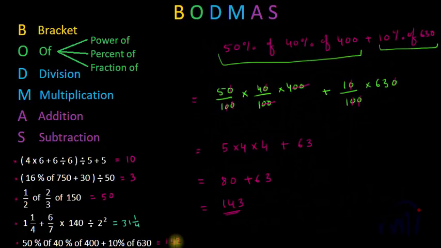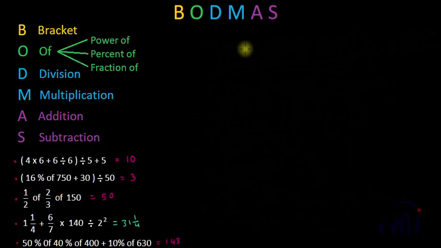So I think we have solved sufficient examples based on BODMAS. And one more thing I have to tell you, which is if you have all kinds of mixed brackets, so there are actually three kinds of brackets, which are parentheses, then you have braces or curly brackets, and then you have box brackets or square brackets.